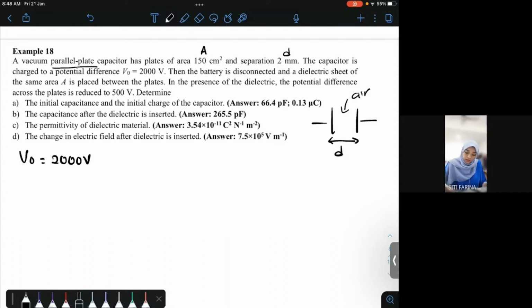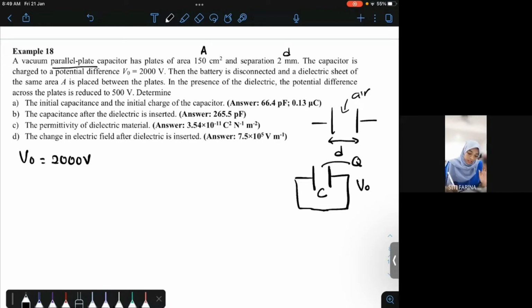Okay, so kamu ada begini. Kamu pun charge. Kamu charge supaya ini boleh store charge. Lepas tu kamu buat apa? Kamu remove the power supply. Okay. So bila kamu ada Q, ada nilai C, kita akan ada potential difference between the plate, which is 2000 yang dia bagilah.